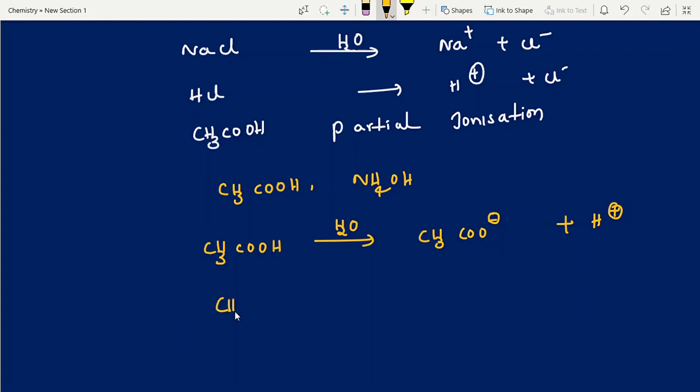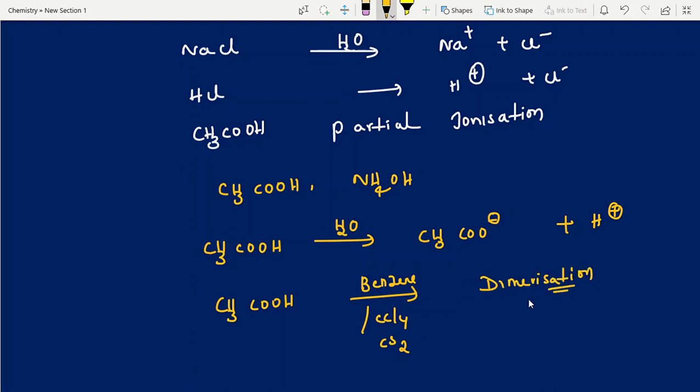The same compound, if you put in organic solvents like benzene or CCl4 or CS2, then what happened here? Dimerization, an important point.